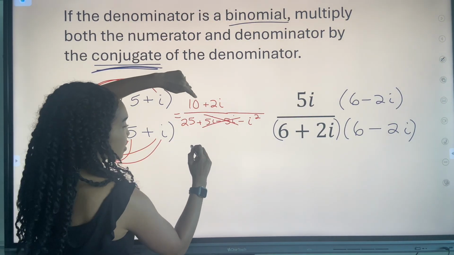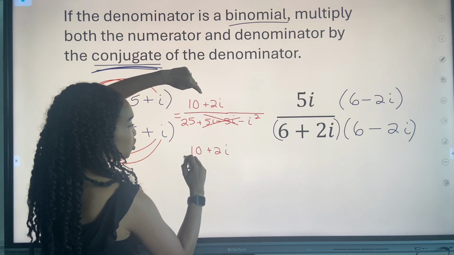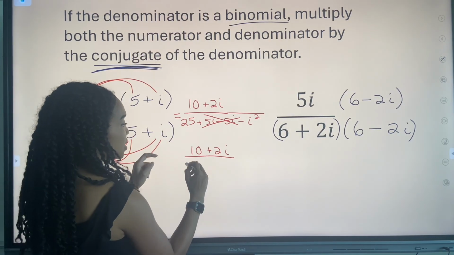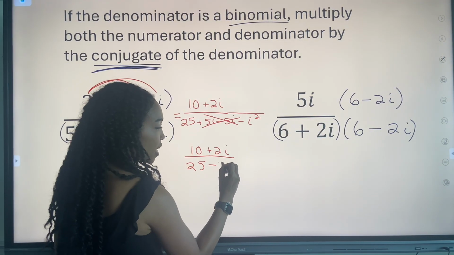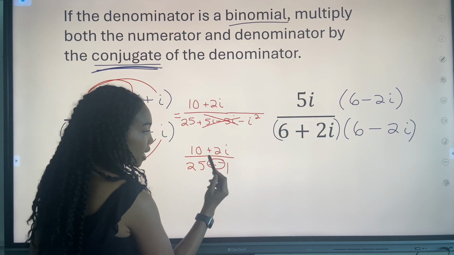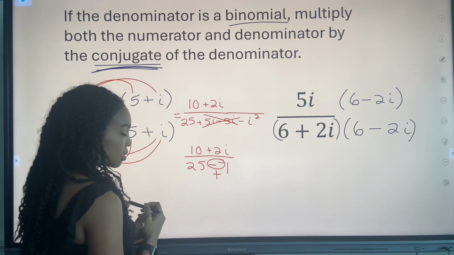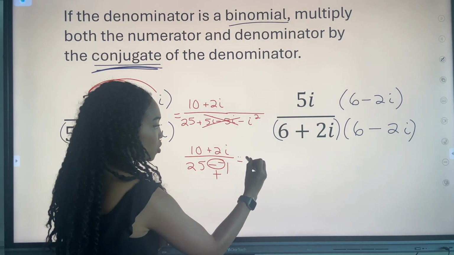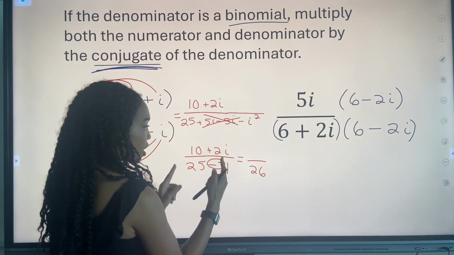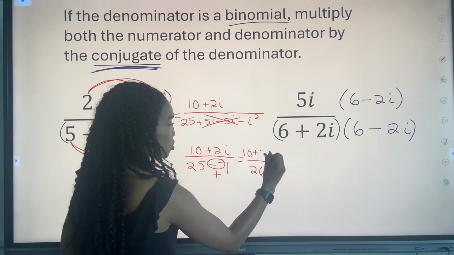So I have 10 plus 2i in the numerator, and then I have 25 minus, and remember, i squared is just -1. And these two negative signs make a positive sign. So I actually have 25 plus 1, which is 26. And your numerator is 10 plus 2i.